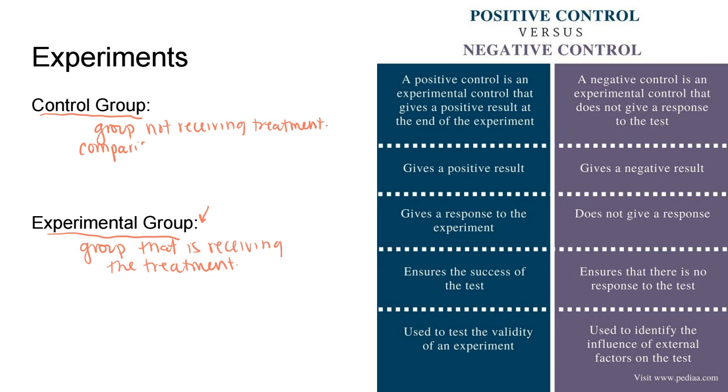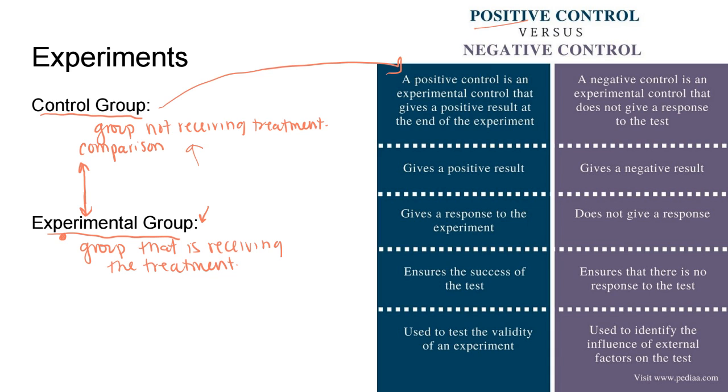And the reason for this comparison is we need to know that whatever's happening in this experimental group, we need to be able to compare that with what is not happening in the control group, so that we know that what is happening here is because of our experiment, because of our independent variable, and not by the environment or just normal behavior.